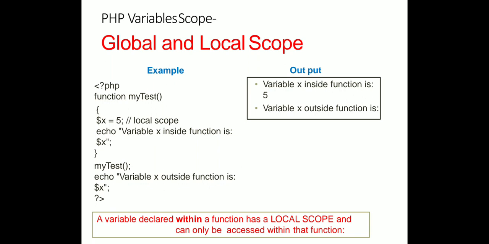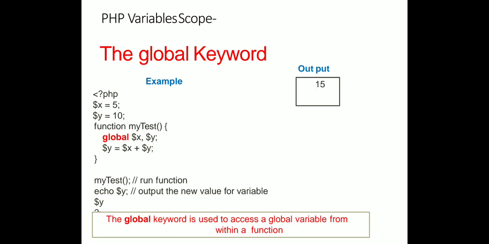Why this is so? Because a variable declared within a function has a local scope and it can only be accessed within that function. So you got the difference between local and global variable. Okay. Then the global keyword.